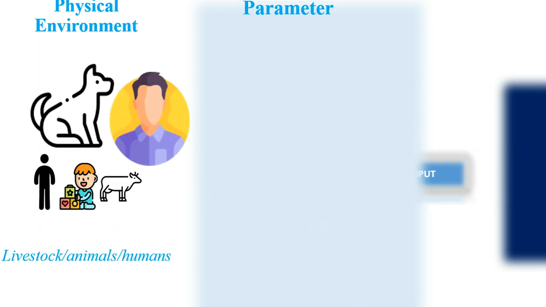And then we can talk about livestock or animals. You can count the number of animals you have. You can count the number of employees you have. You may actually need to track where these animals are, the location of your employees, the location of your dog or your cat, the location of your kids when they are going to school.